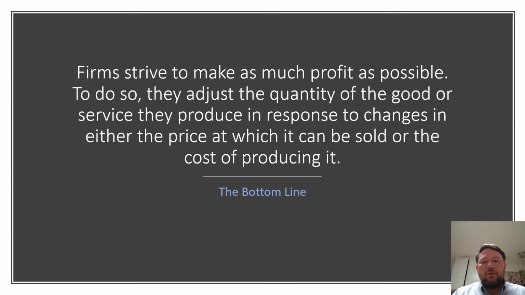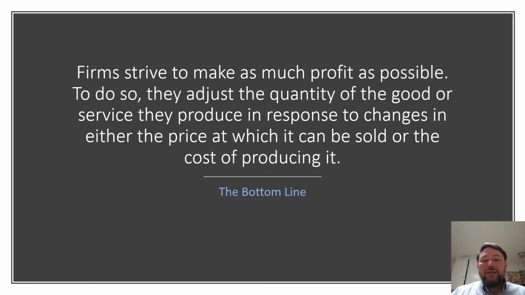We'll talk about profit a little more in a couple of slides. So to achieve as much profit as possible, they adjust the quantity of the good or service they produce in response to changes in either the price at which it can be sold or the cost of producing it. We'll get into the cost of producing things in a little bit.